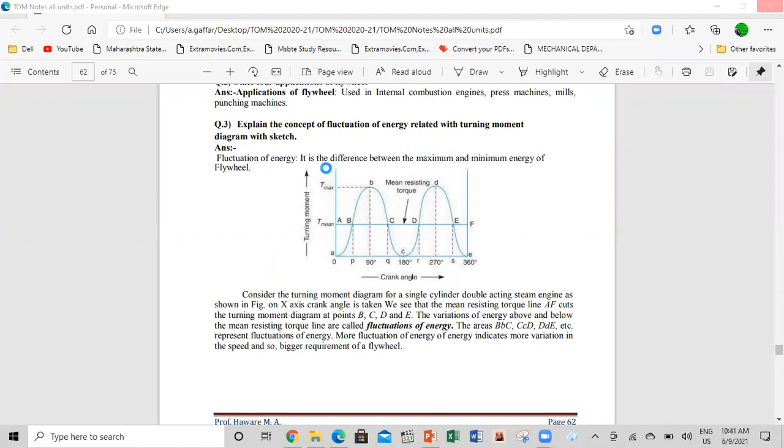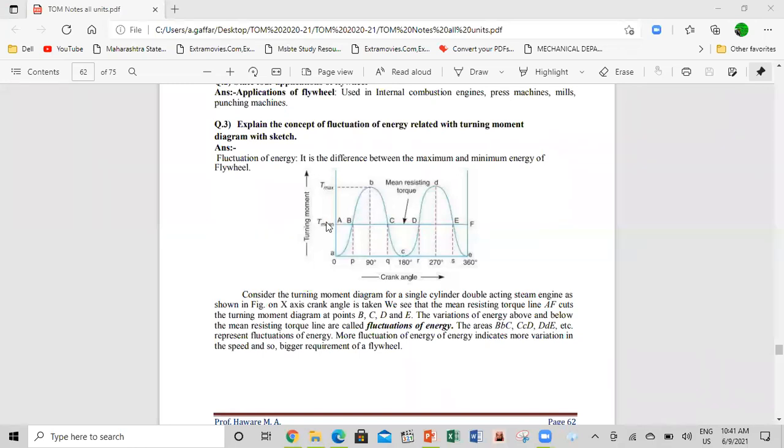So what is the definition of fluctuation of energy? The difference between maximum and minimum energy of flywheel. In this, T mean line denotes the mean torque and T max line denotes the maximum torque. Okay.